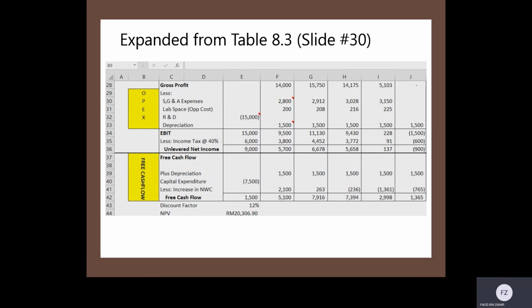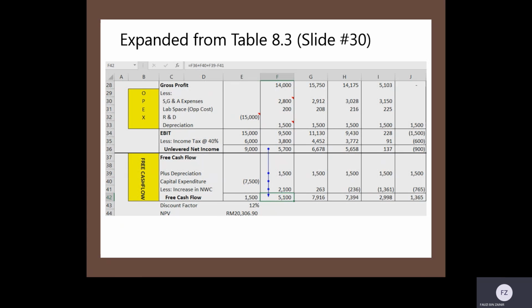So we can see that in year 3 and year 4, we are able to recover the working capital amount that we've already invested, especially on the account receivables. And then the effect of it is the free cash flow. Those numbers are basically net income plus depreciation minus the net working capital.